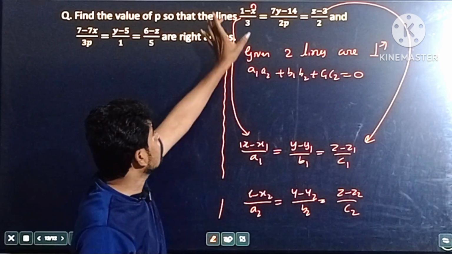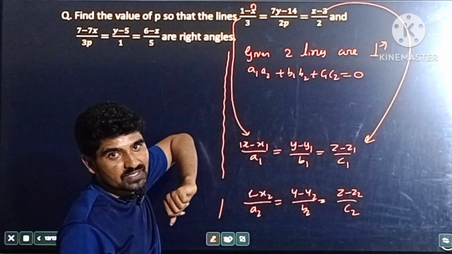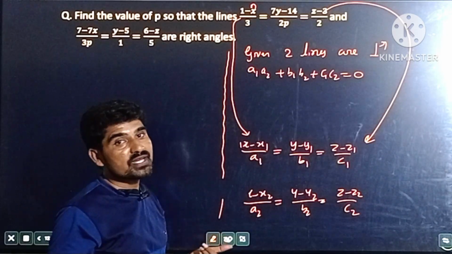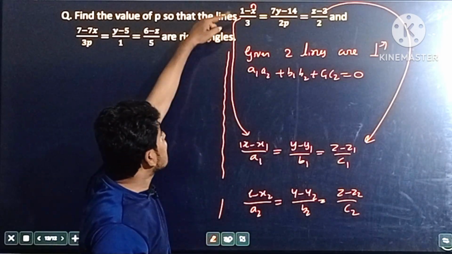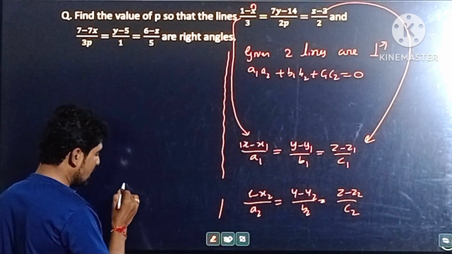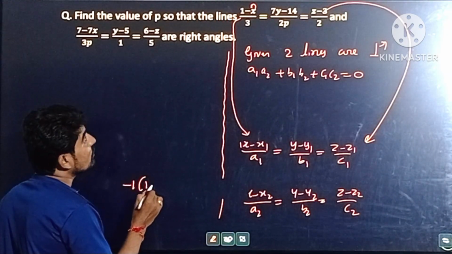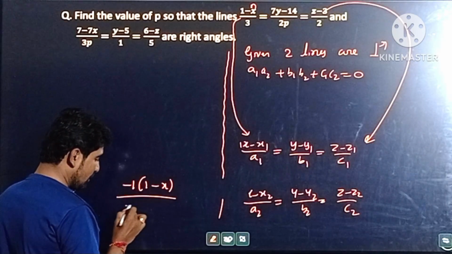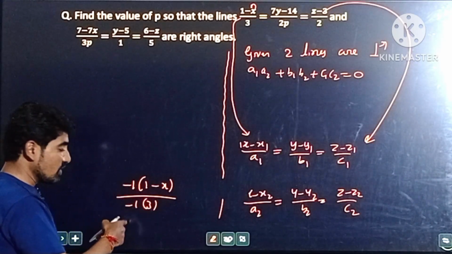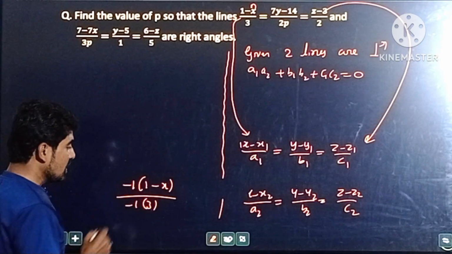To convert this first term into the standard form, I am going to multiply and divide this term by minus 1, that is, multiply both numerator and denominator by minus 1. For balancing, we need to multiply both numerator and denominator by minus 1.